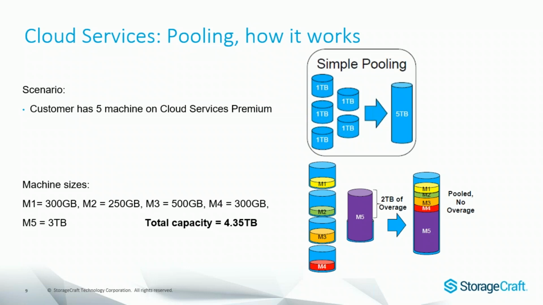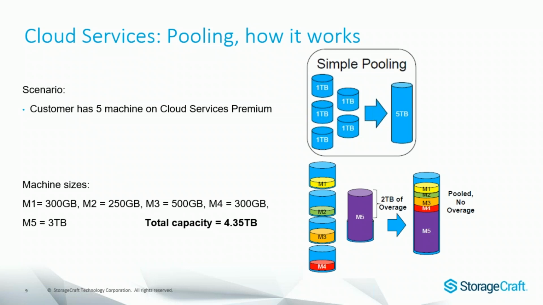In the bottom example where we added space, you see the machines M1 all the way through to M5, and M5 is 3 terabytes. So the total size of all these 5 servers is 4.35 terabytes. On the older model, that M5 server would have had 2 terabytes worth of overage allocated to it because it's over the 1 terabyte limit.